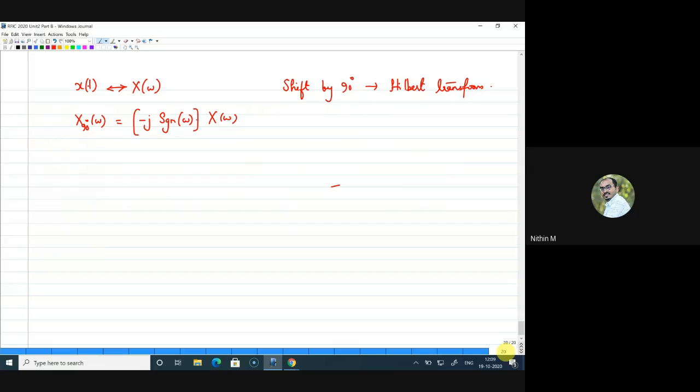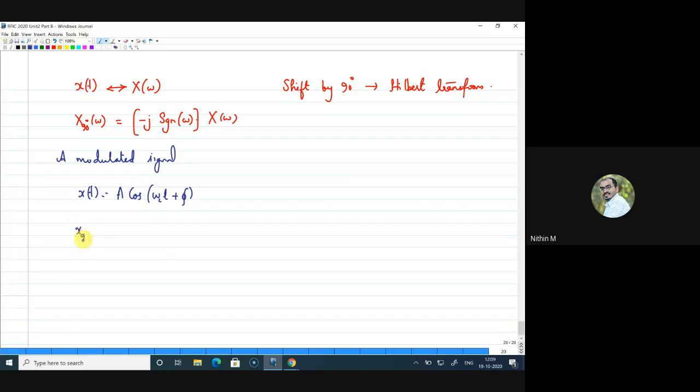Now say you have a narrowband signal, for example a modulated signal, say x of t is equal to A cos of omega ct plus a small phase shift phi.